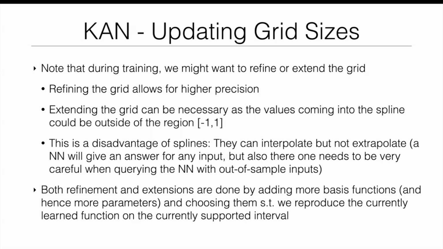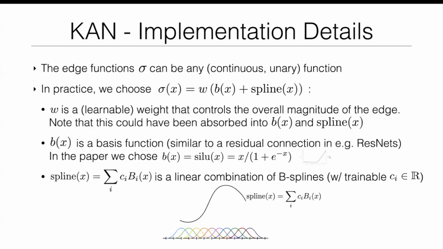Now during training, what could happen is that a spline is only defined between here and there. So as you train the neural network, the input to some of the nodes that go into an edge, where I need to apply the spline, could fall outside of this region. So we have to somehow extend the grid here.